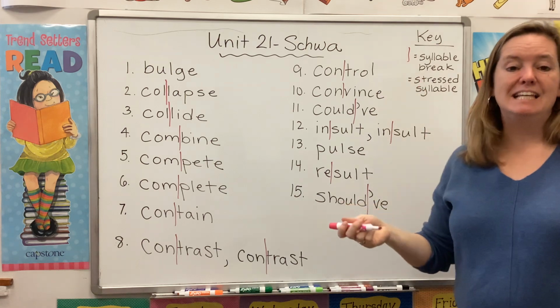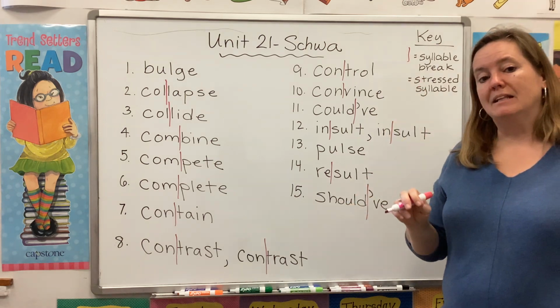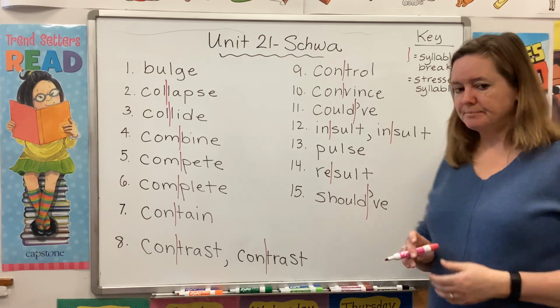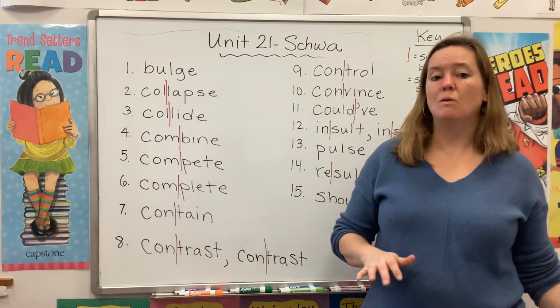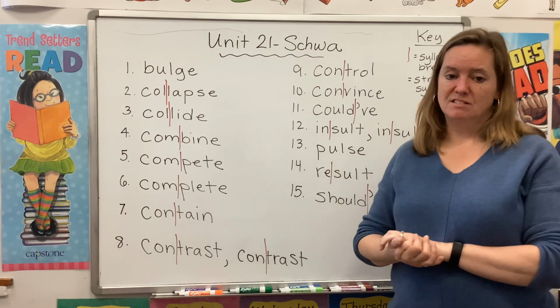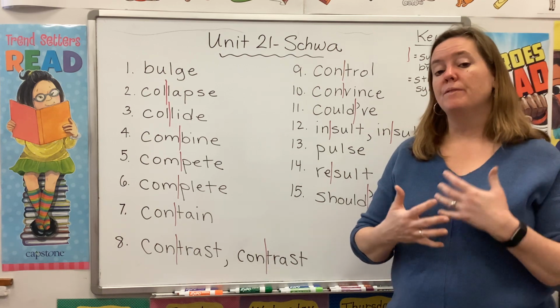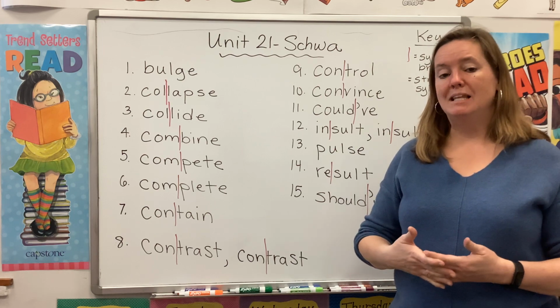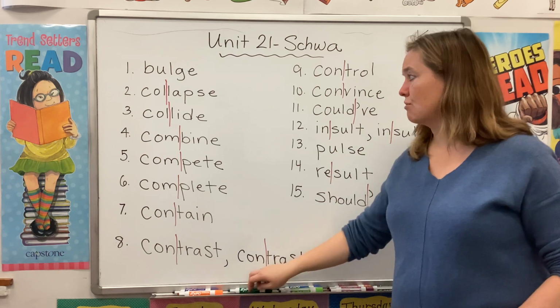So in my key, wherever I drew that pink line, that represents a syllable break. Now, we've done this once before. We've talked about our stressed versus unstressed syllables. The stressed syllable is the part of the word that we say a little bit louder and a little bit stronger.